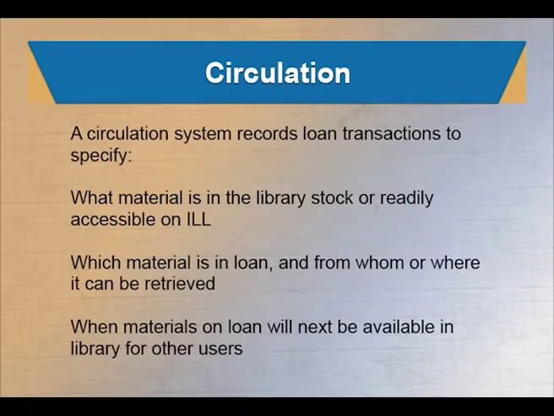Now, a circulation system, typically independent of any library automation software, provides different information related to transactions of loan. That means what material is in the library stack or readily accessible or for ILL, which material is on loan and from whom and where it can be retrieved, when a particular item is due, when an item will next be available in the library, and what materials can be reserved from the user interface.